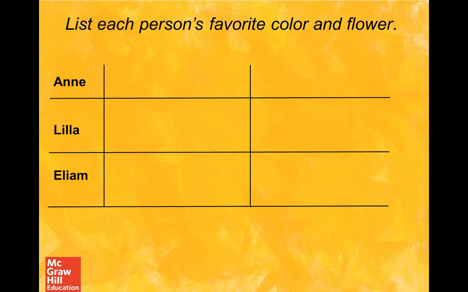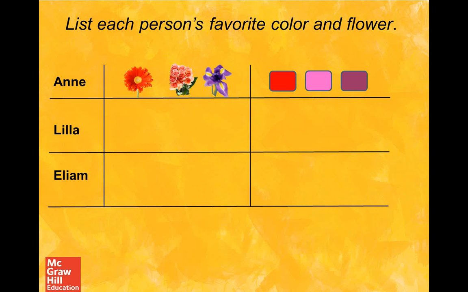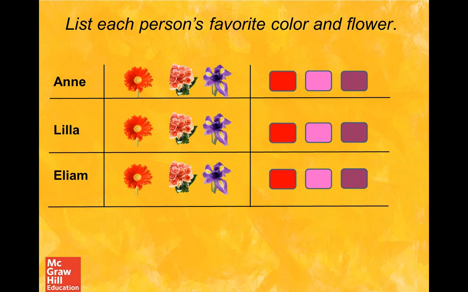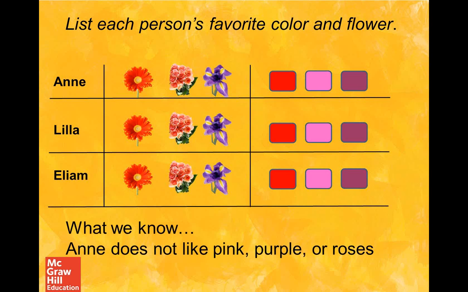We know that we have 3 girls, Anne, Lila, and Ilium. And we know from the problem that there are 3 choices of flowers and 3 choices of colors. And we know that each of the girls has the same 3 choices of flowers and 3 choices of colors. But the question is, what else do we know?